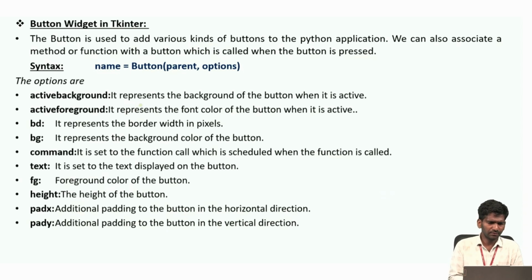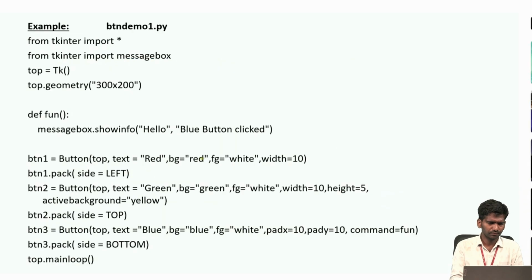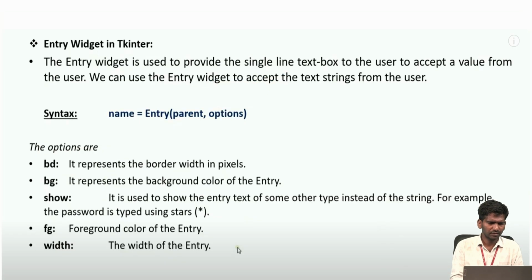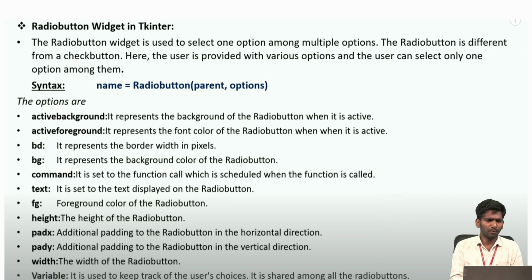Okay, so you can see the options there. You can add all these options. Okay, yeah, this is some of the example of how to create a message box. Okay, pop-up message box. Next, check button. How do we create check button? Okay, next, entry widgets. Okay, where user can enter some input. Okay, for that we use entry widget. Next, radio button. Okay, if you want to select one option, we need to create radio buttons.